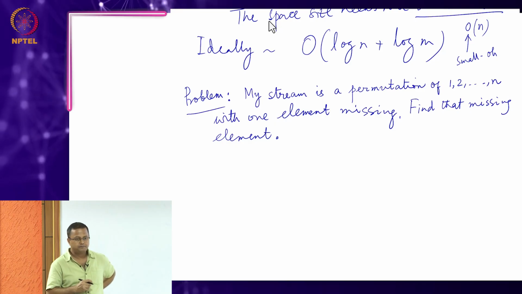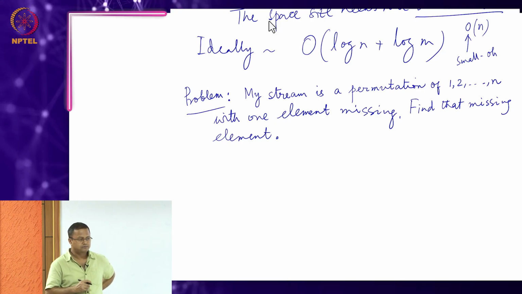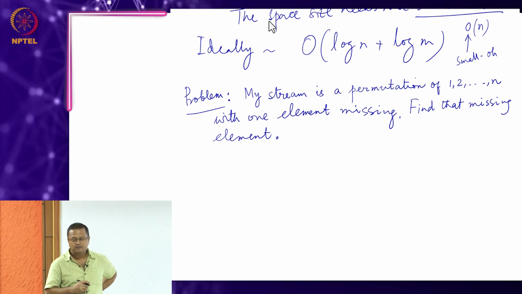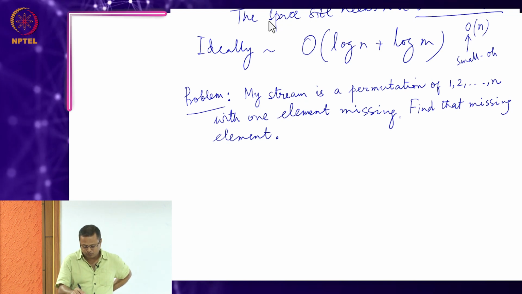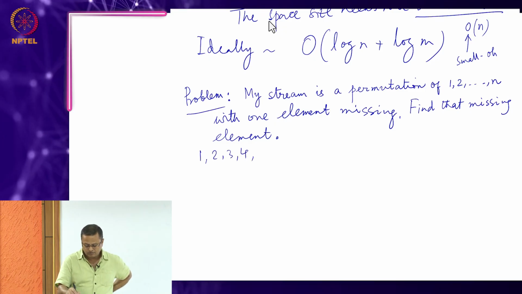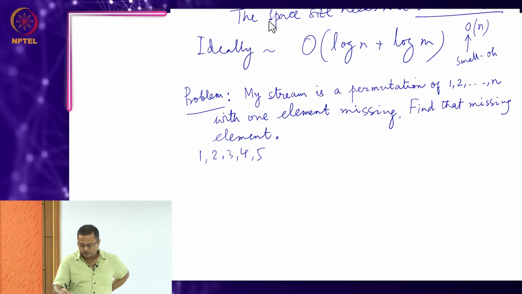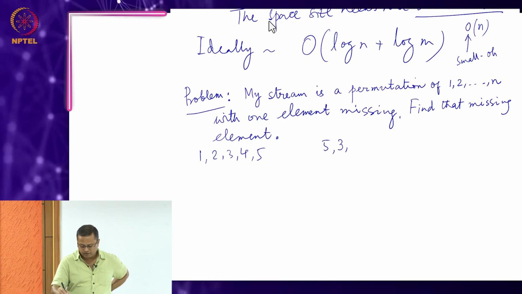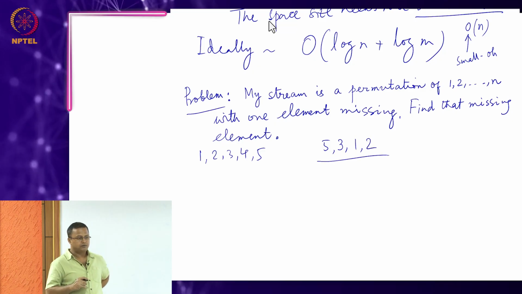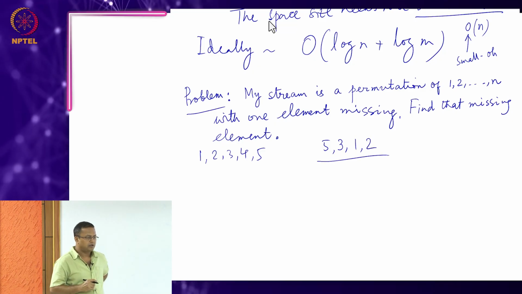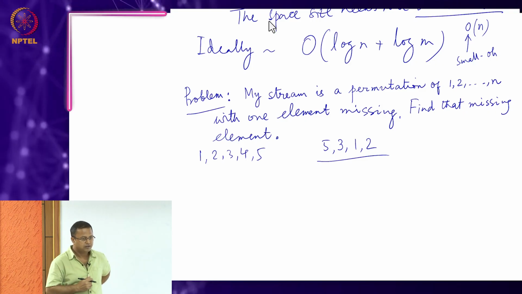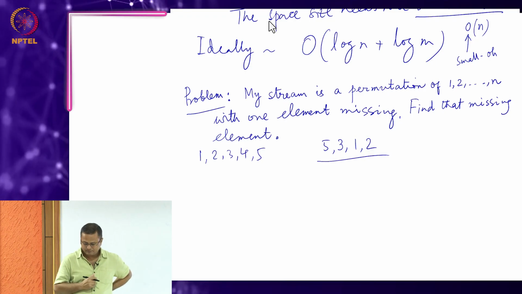You understand this problem? So, my input stream, for example, if I am looking at the numbers, could be 5, 3, 1, 2. Right? So, one element is missing, you have to find that.